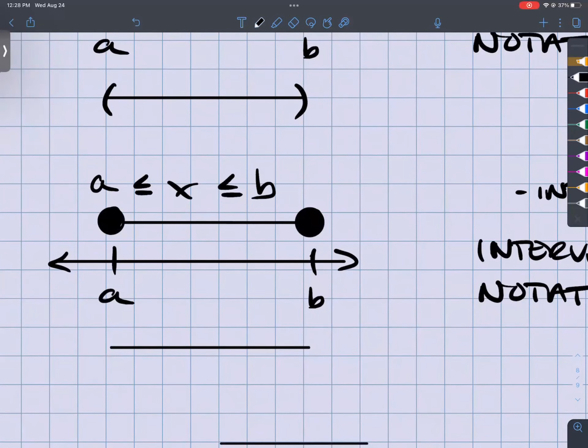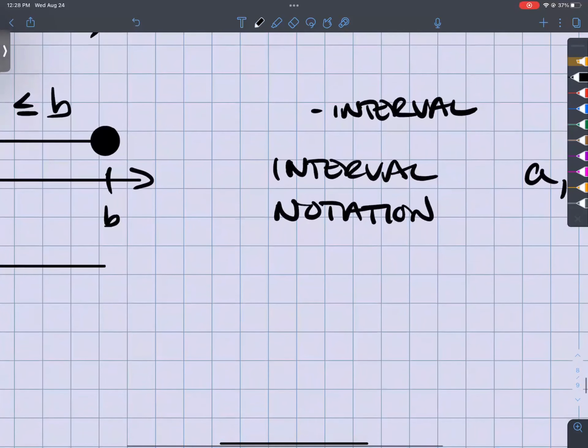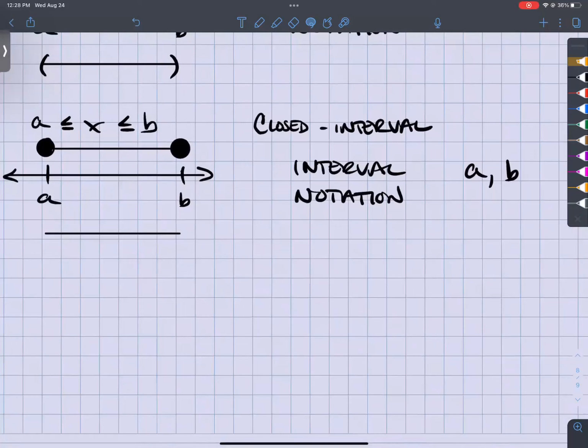If it's closed on both ends, what would that be called? Since both ends were open, we call it an open interval. Since both ends are closed, we call it a closed interval. And how would we write this in interval notation? Square brackets. There we go.